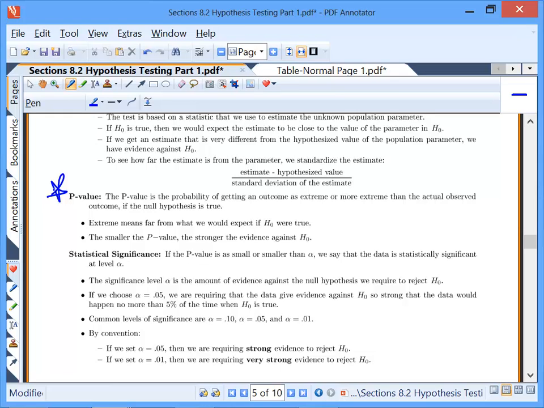So that means in our situation, the probability of getting a sample mean of 173 or something more extreme, further away from our expected value, if the mean really is 168, was only about 7%. Okay, so that's your definition.